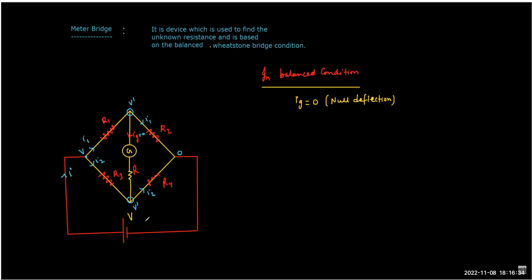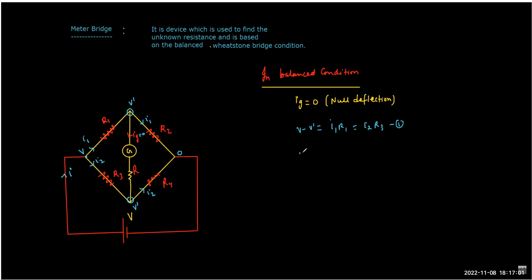Because there is no current through the galvanometer, which means the entire branch will have 0 potential difference. And therefore, on the left, you can add a V minus V dash. You can add as I1 R1, or you can write I2 R3. Is this part clear? How I am writing? Yes.